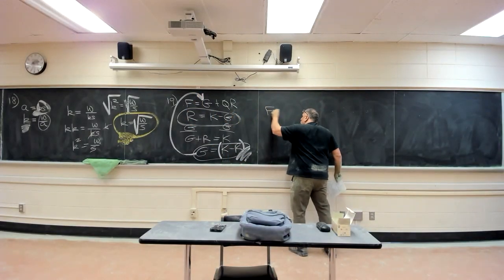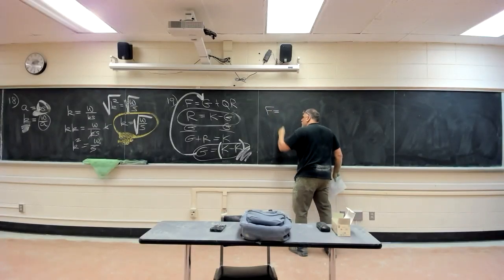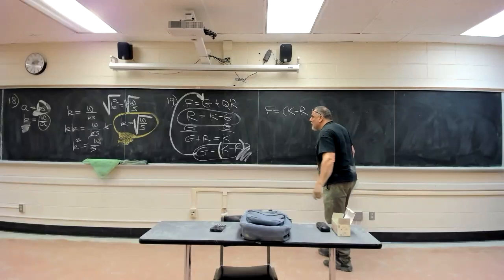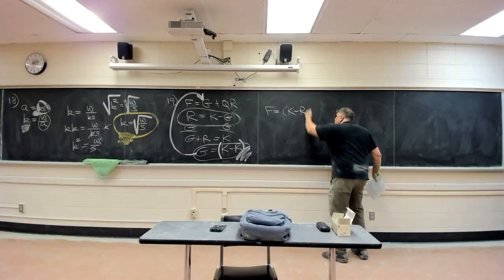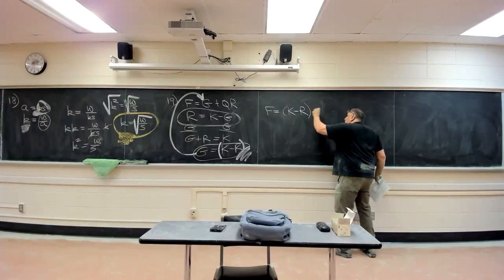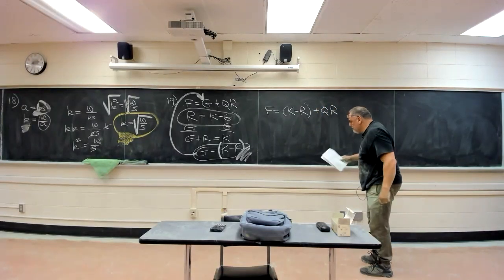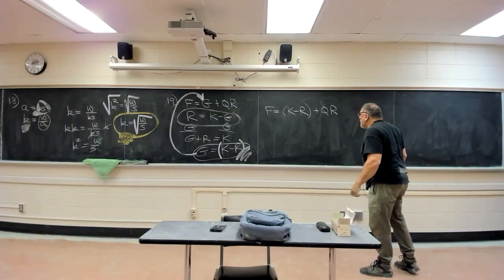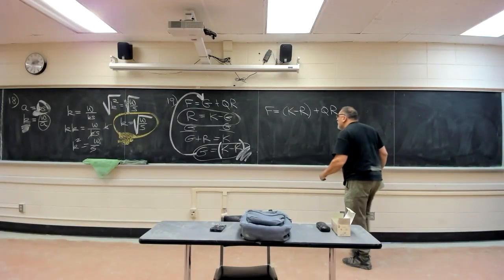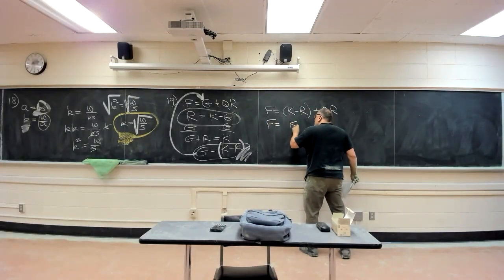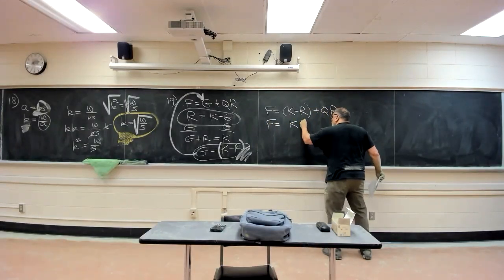So F equals G times Q times R, where G is equal to K minus R. And solve for R. Well, okay, good enough for me. What we got here is, here's K. The minus R go over here with that.